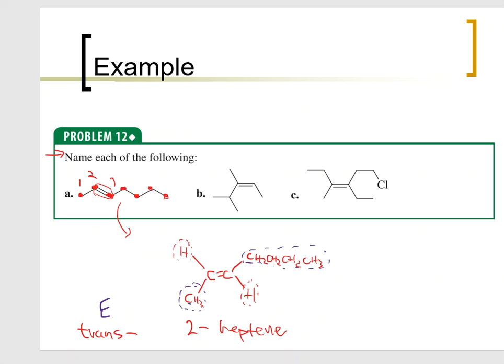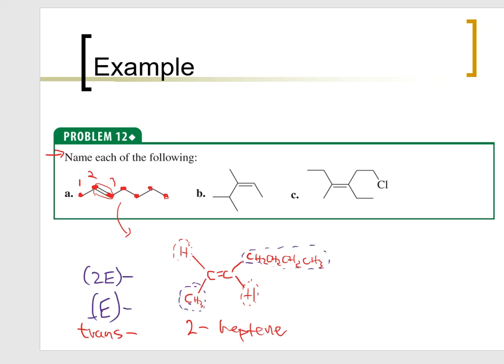And I could write (E)-2-heptene, or if I wanted, I could also do a 2E-2-heptene. It's not necessary. There's just one double bond. That's it. And that E has to go to that double bond.